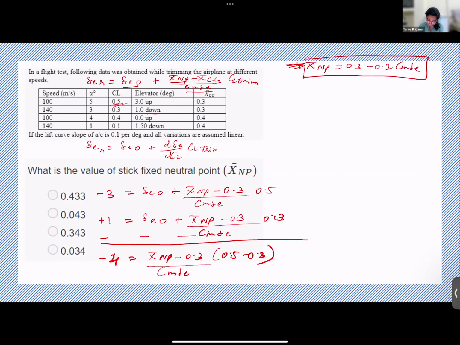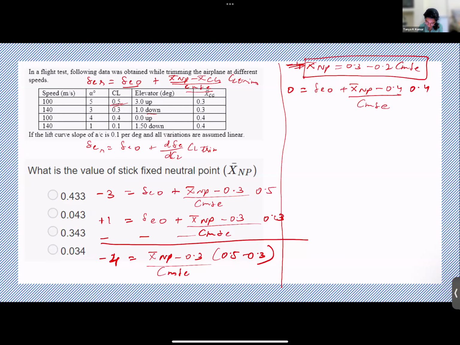Now let's try it using the other 2 points. The other 2 points are: 0 equals delta E naught plus x bar np minus x bar cg, which is 0.4, by cm delta E, and CL trim is 0.4.